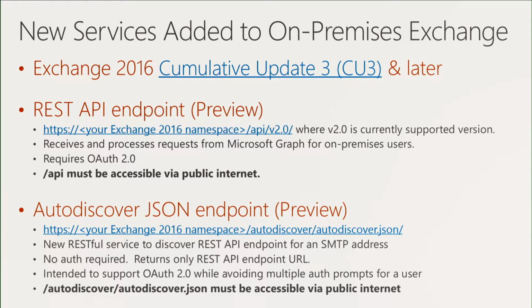The second reason is that when you require OAuth, if you need authentication for auto discover, you sometimes end up in funky states where the user logs in once, auto discover takes basic auth, and then when you get to OAuth, you have to enter your credentials again. Users hate having to do multiple auth, so we have eliminated that from the flow. And once again, this must be accessible via the public internet.